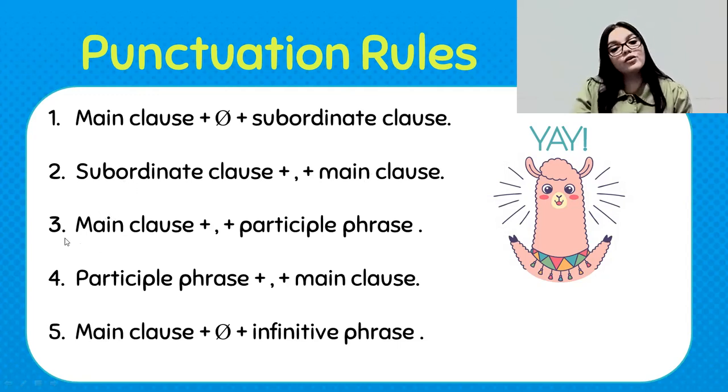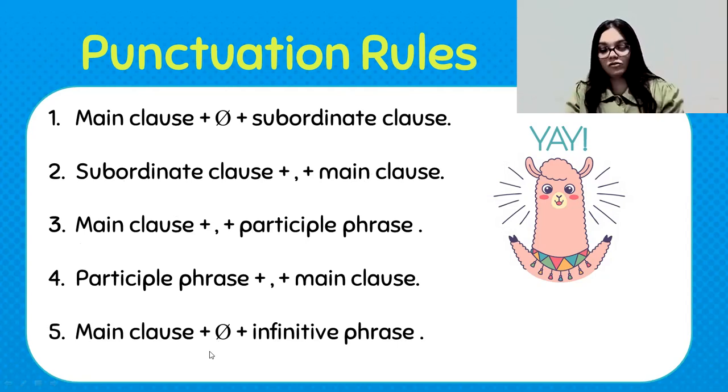What happens then when you have a main clause and a participle phrase? Main clause, comma, participle phrase. You can do that. Or the opposite, participle phrase, comma, main clause, to fix the participle phrase fragments, both present and past. Main clause, no comma, infinitive phrase. Or if you place it at the beginning, you can have infinitive phrase, comma, main clause.